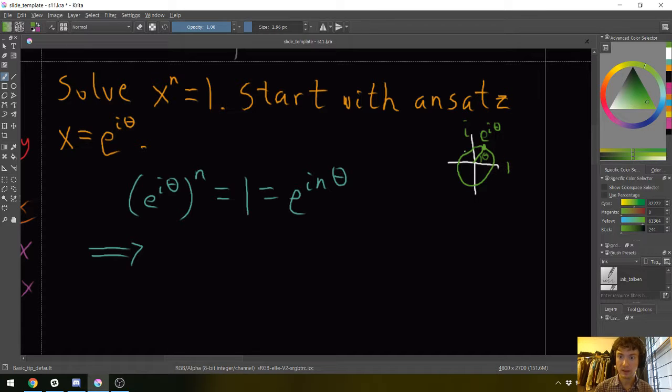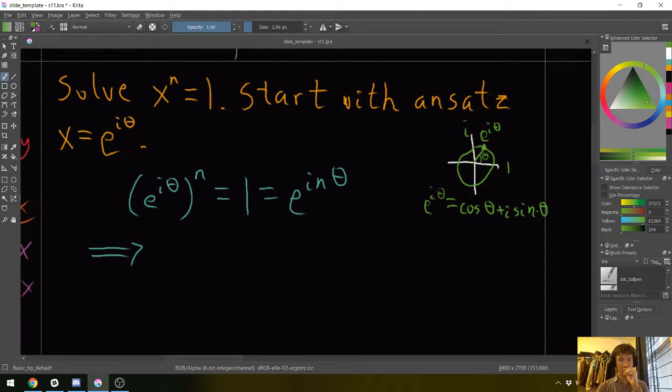So just remember e to the i theta is giving you a point on the circle, and sine and cosine give you the x and y coordinates. You'll always remember e to the i theta is cosine theta, because the real part is the x, plus i sine theta, because in the complex plane, y is the imaginary part.